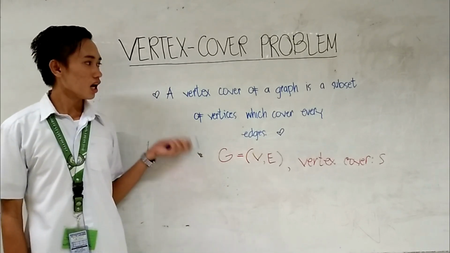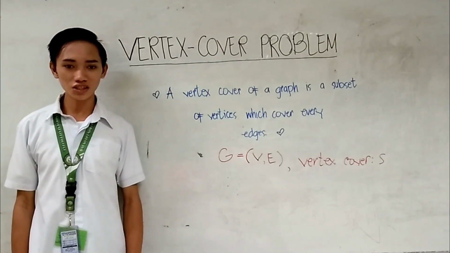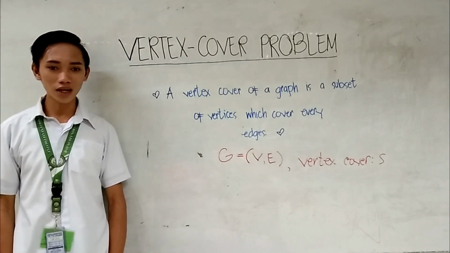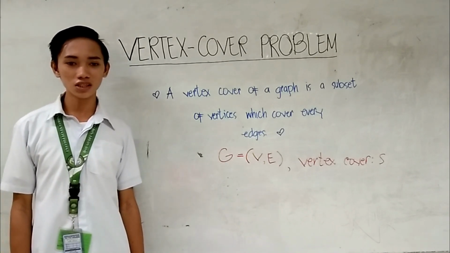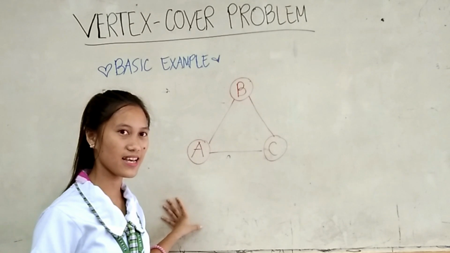In other words, a vertex cover for a graph G is a set of vertices incident to every edge in G. In a vertex cover problem, we have to find the minimum size of the vertex cover in G. Let's take a look at this basic example.